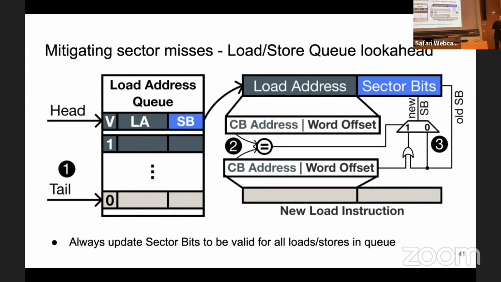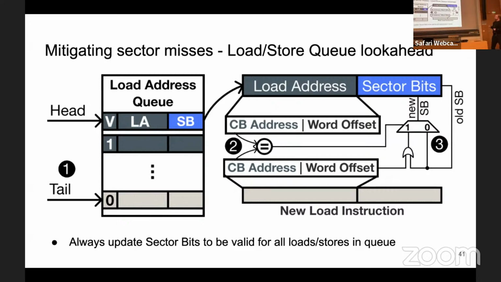So the way we do that is we introduce, first of all, as I said, we augment all of these by sector bits, but we also introduce a small extra circuit. And what this does is, whenever we add a new load instruction, we go through all other load instructions that are already in this queue and OR the bits.